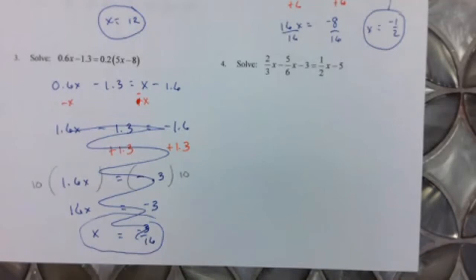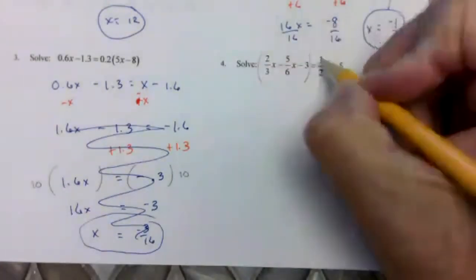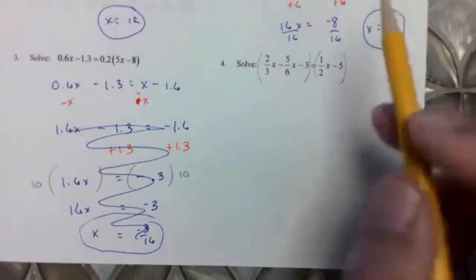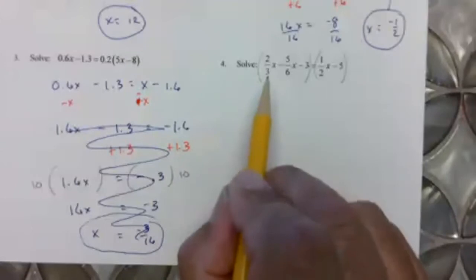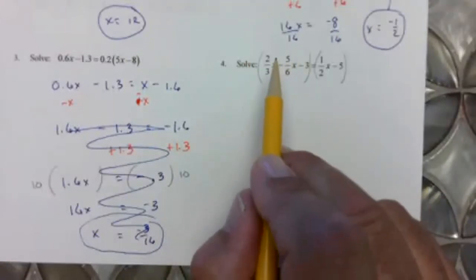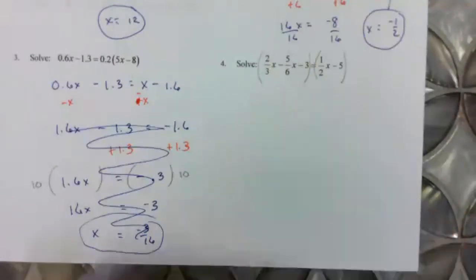Does anybody remember what I multiply by? Well, I need something that when I multiply it by here, will cancel with the 3. When I multiply it by here, it'll cancel with the 6, and it'll cancel with the 2.